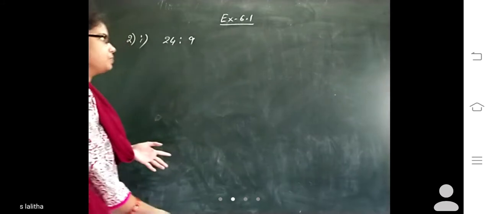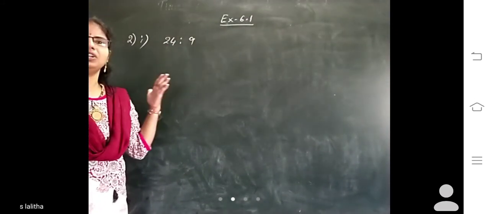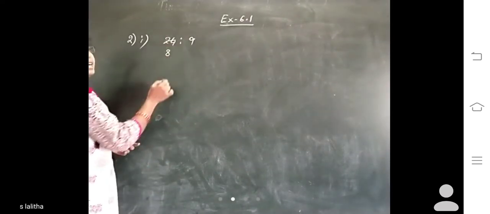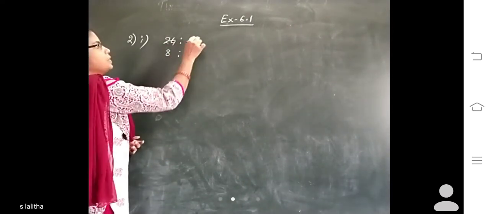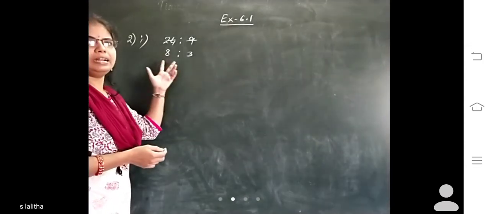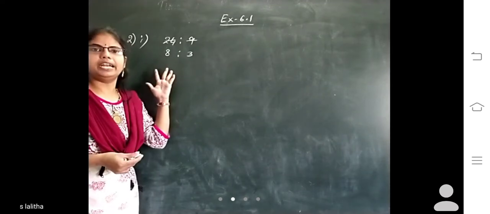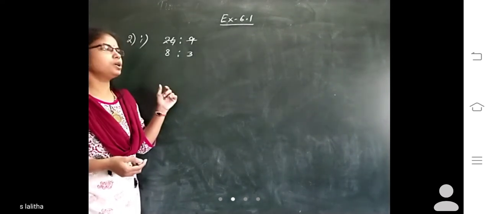You have to convert into simplest form. How to convert? These two numbers will divide by which number? 3. How many times? 3 8s are 24, 3 3s are 9. So 8 and 3. Are 8 and 3 divisible by any number? No. So 8 is to 3 is the simplest form.